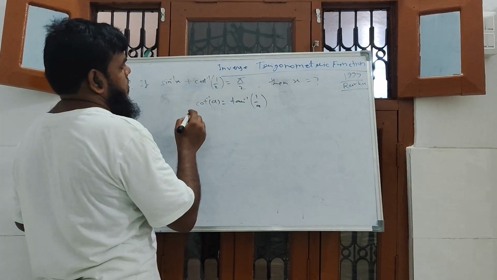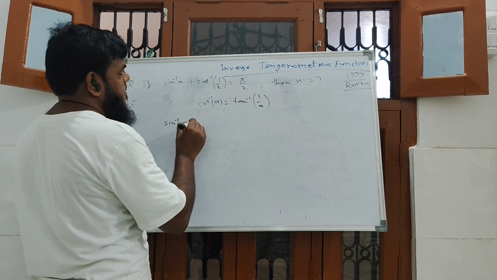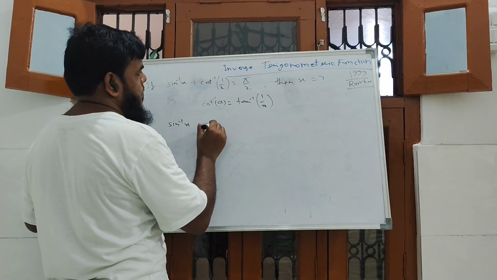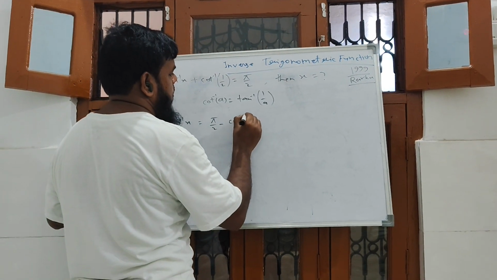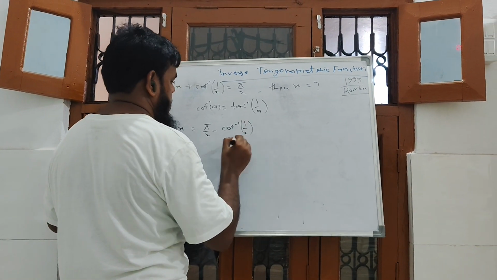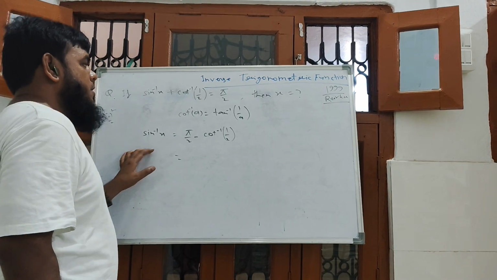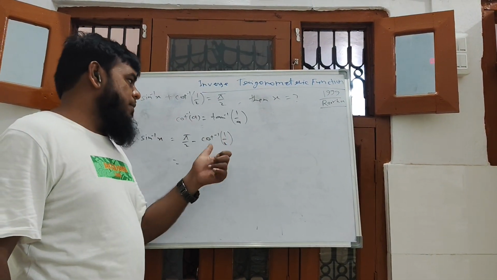So we can say sine inverse x equals pi by 2 minus cot inverse 1 by 2. We know that tan inverse x plus cot inverse x equals pi by 2.